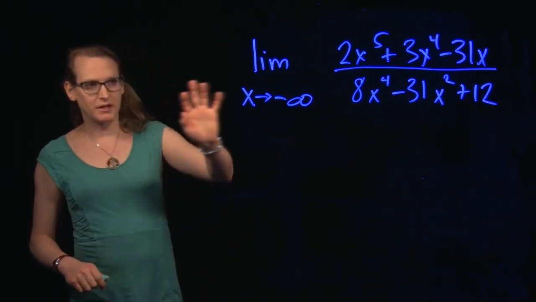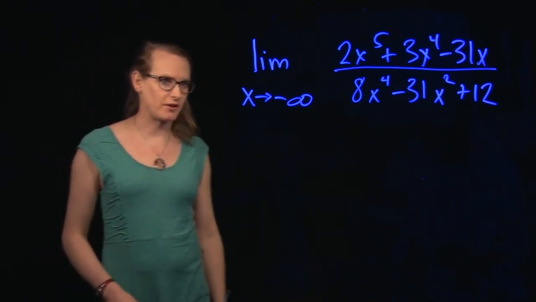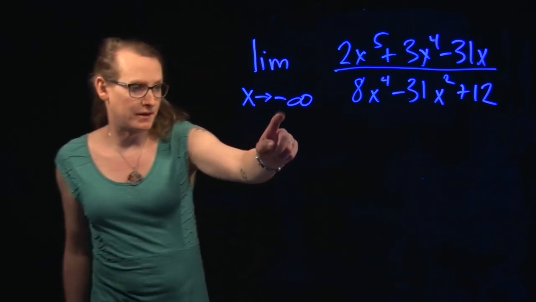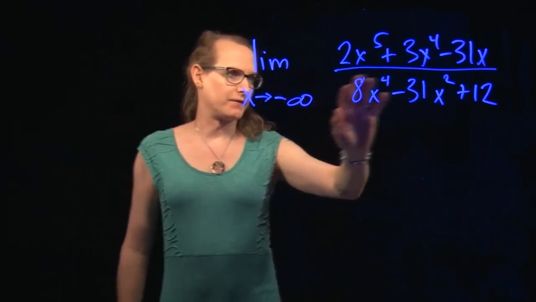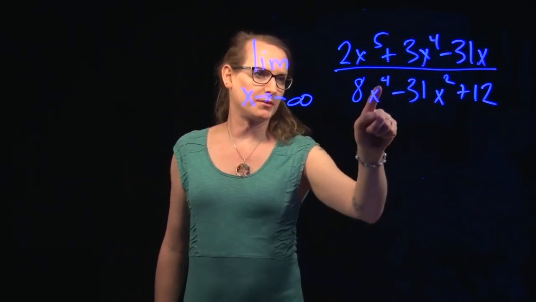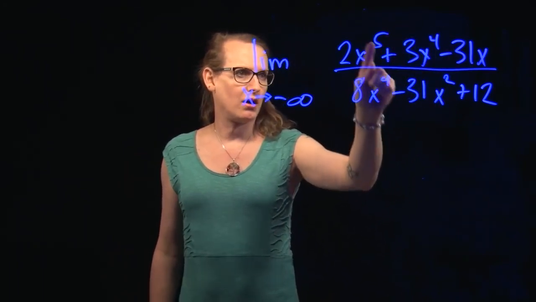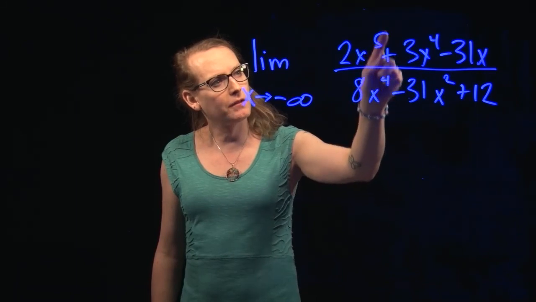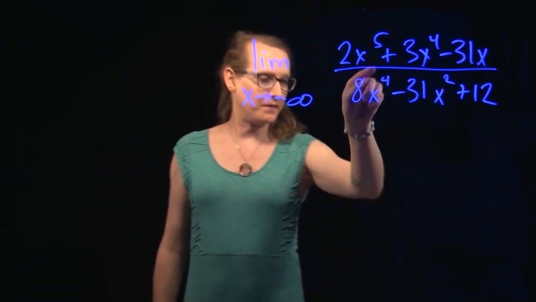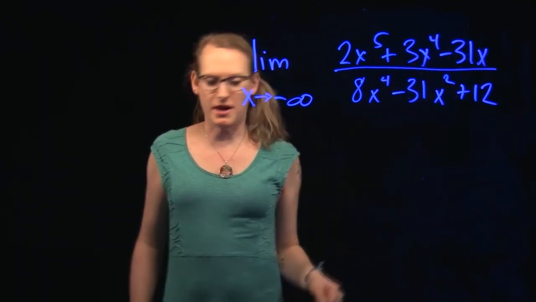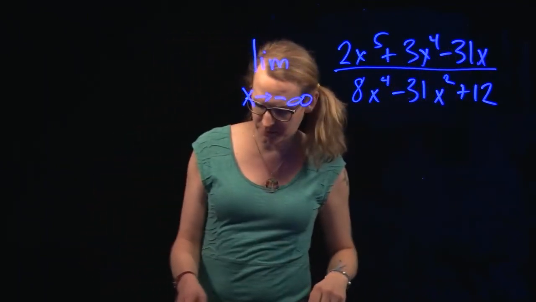So we're just going to look at leading behavior for this function out near negative infinity. Way over there. So out near negative infinity, the terms with the highest power are going to dominate all of the other ones. They're going to overwhelm all of the other ones. So compared to x to the 5th, x to the 4th, and 31x, they're not doing squat.